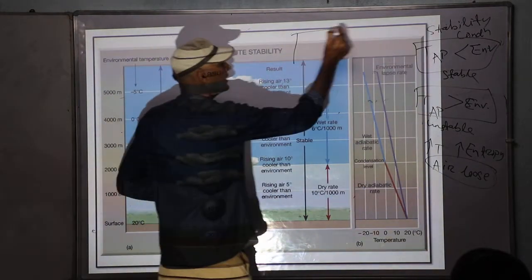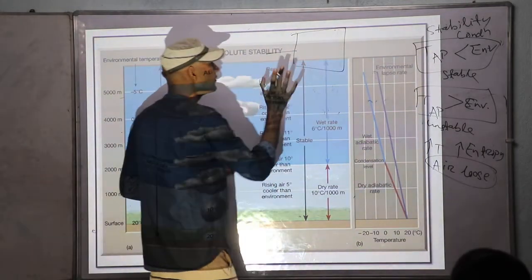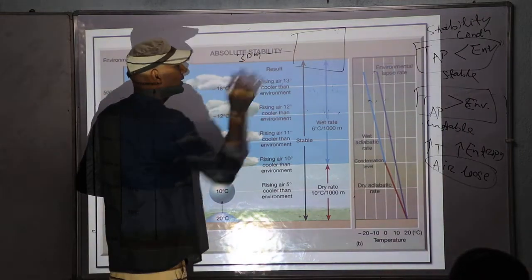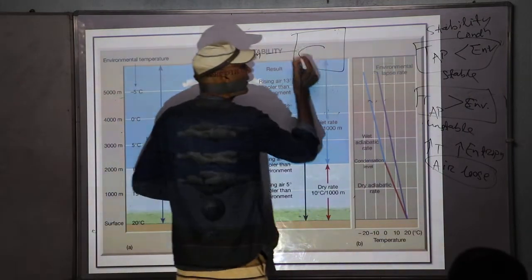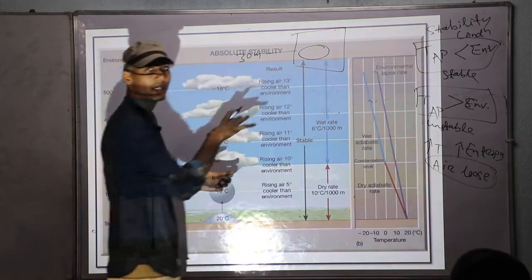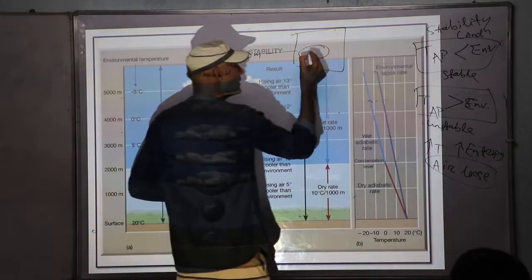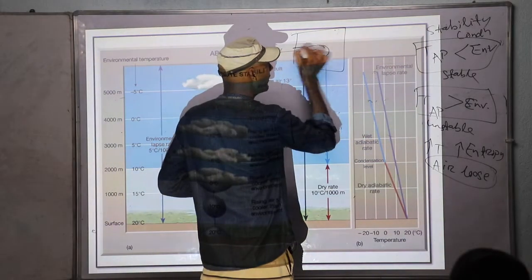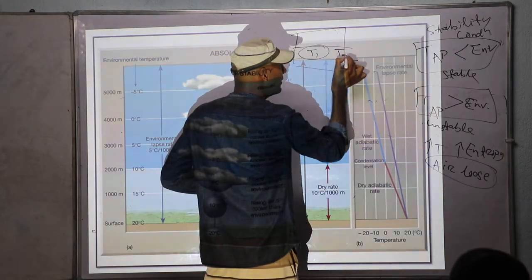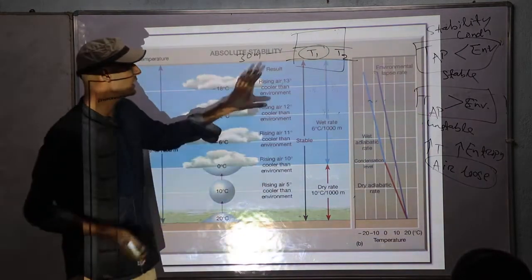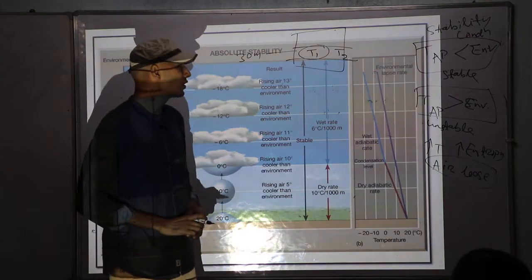See, it is the atmosphere at a certain altitude, let's say 30 meter height. This is our closed thermodynamic system I am talking about, that is air parcel. It is having certain temperature which is greater than the air surrounding it, greater than the temperature of the environment. So what happens?